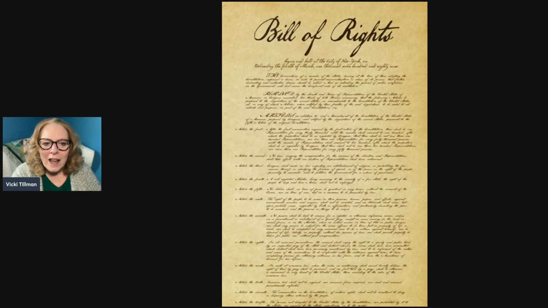Amendment 14 is our huge birthright citizenship and more on due process and equal protection under the law. There are several sections in this amendment, and it will take a lesson to talk about this. But most importantly, it clarified that if a person is born or naturalized in the United States, they are citizens of the United States and of the state where they live.